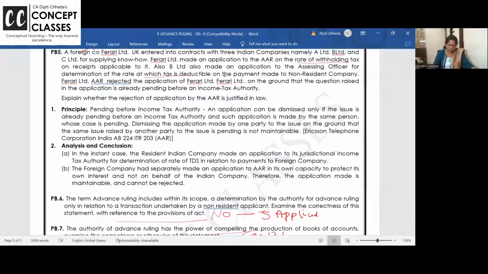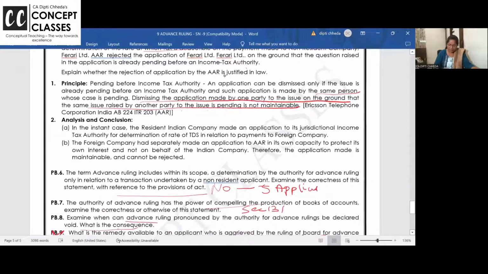If the issue is already pending with the income tax authority and the application is made by the same person whose case is pending, then dismissing the application made by one party to the issue on the ground that the same issue raised by another party is pending is not maintainable. That is the friend example: my friend also has the same issue, so it is not tenable.